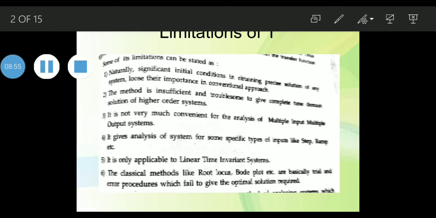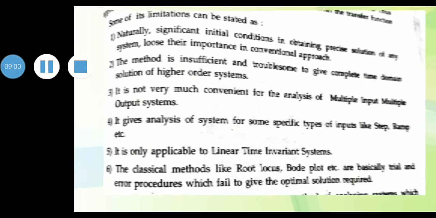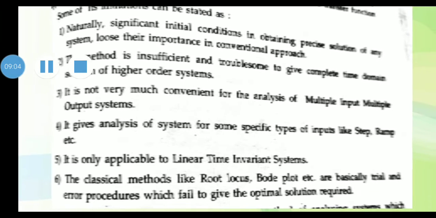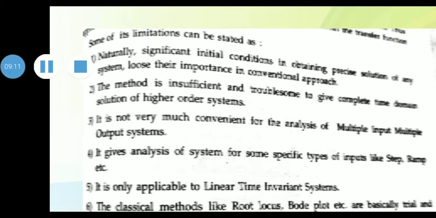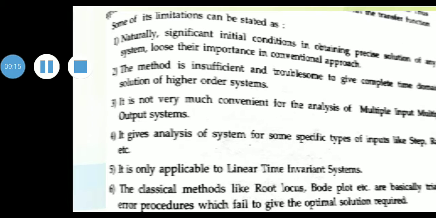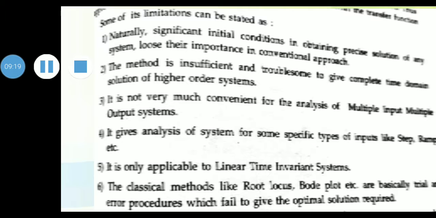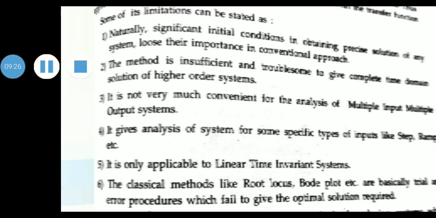Next we'll see the limitations. Some of its limitations can be stated as follows. First, significant initial conditions, which are necessary in obtaining a precise solution of any system, lose their importance in the conventional approach. Second, the method is insufficient and troublesome to give a complete time domain solution of higher order systems.